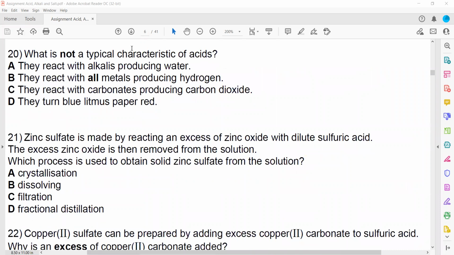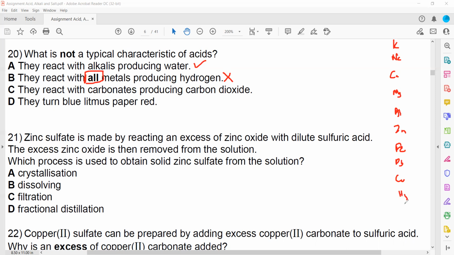Then, what is not a typical characteristic of acid? Like what does not happen with acid? Acid reacts with alkali to produce salt and water, that is true. They react with all metals to produce hydrogen, that is not correct. Why is it not correct? As we discussed already, not all metals react with acid. The metals which can react with acid are more reactive metals like potassium, sodium, calcium, magnesium, aluminum, zinc, iron, lead.